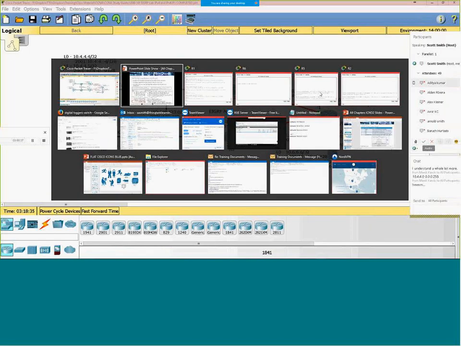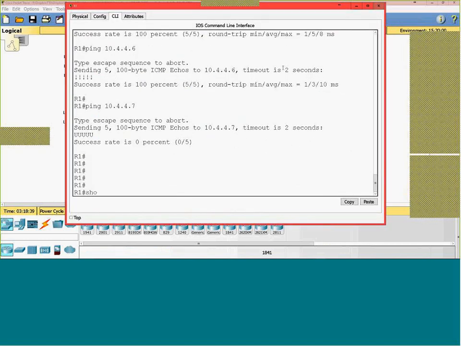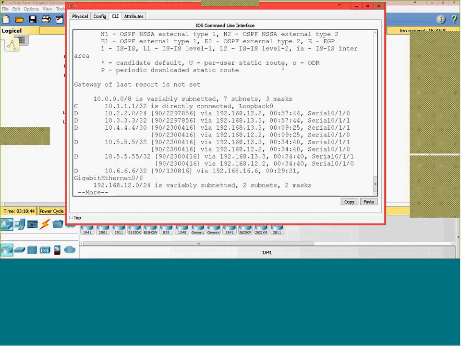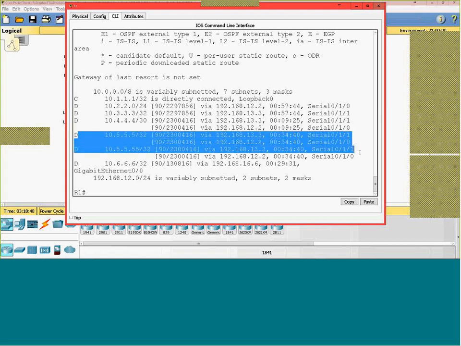So if I look at my routing table on router 1, show ip route, specifically, I'm load balancing 10.5.5.5 and 10.5.5.55. Does everybody agree with that? If I'm looking at that table, I'm doing equal cost load balancing for those two paths. You guys agree? Okay.